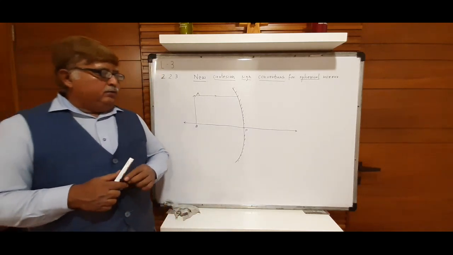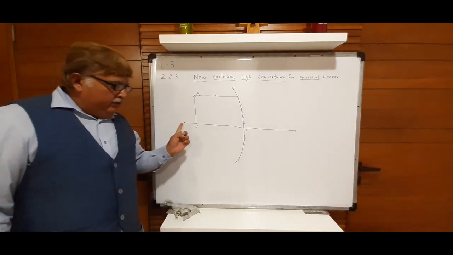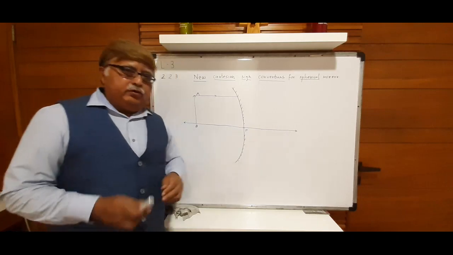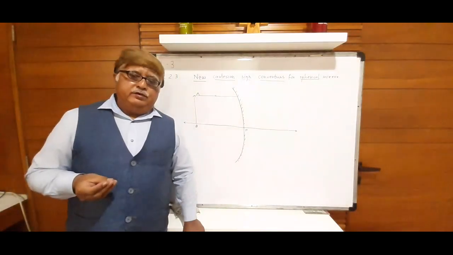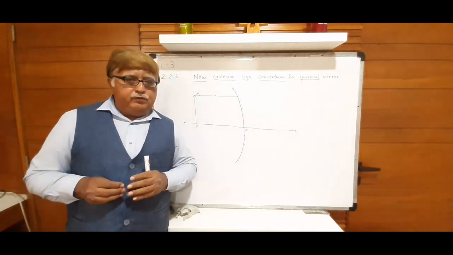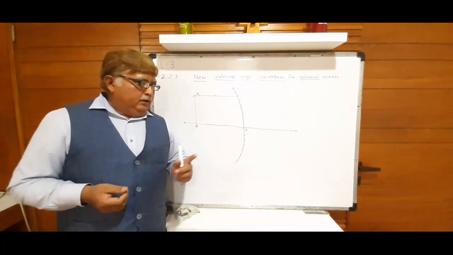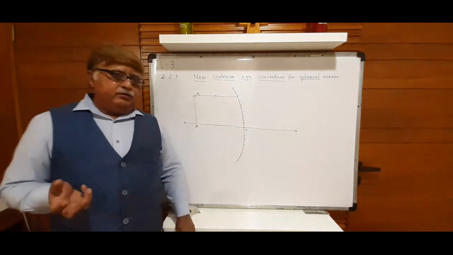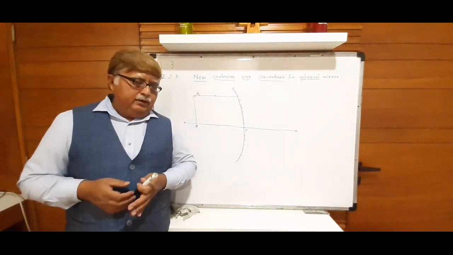Now note down rule number 2. Principal axis of the mirror. Actually, as you know, Cartesian sign convention applies to a coordinate system only. Because it's a question of a coordinate system, there are coordinate axes x and y.